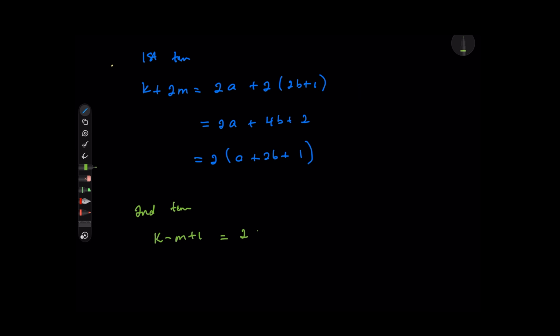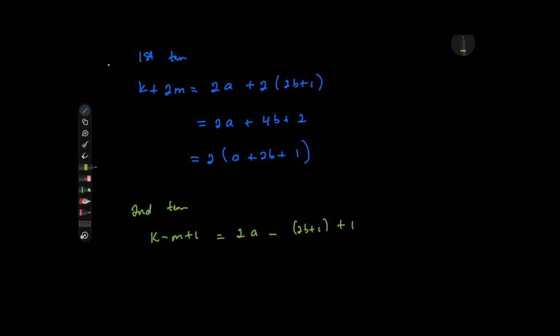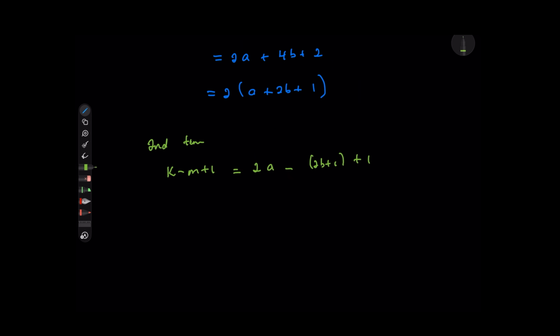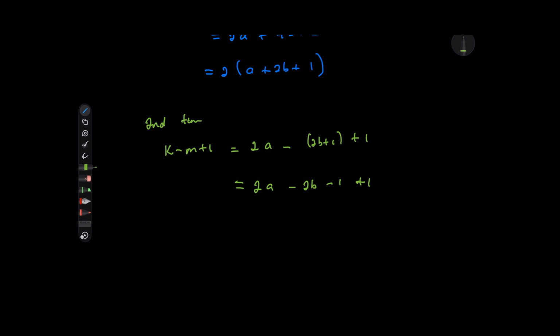So I'll have 2a minus m, which is 2b plus 1, and then the extra plus 1 here. So then I'll have 2a minus 2b, so the negative sign will come on the inside, negative 1 plus 1. So this will be 0 here, and then the 2a minus 2b, well, both of them have the integer 2, so I'll just factorize out 2 into a minus b.